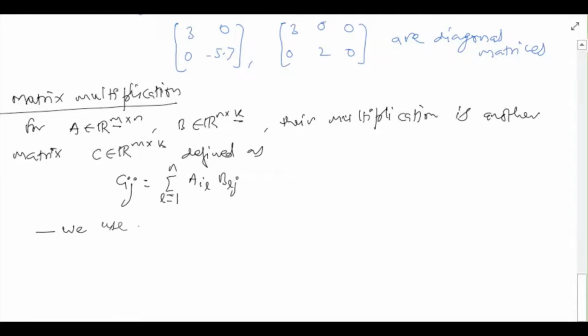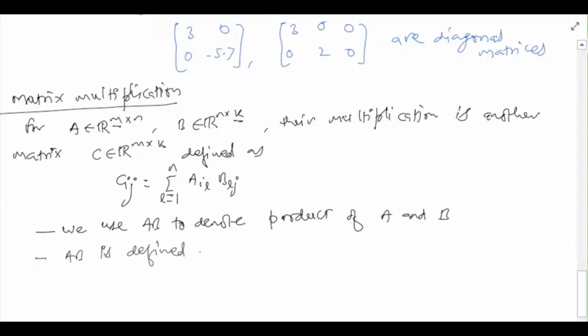We use AB to denote the product of A and B. As I said earlier, AB is defined only if the number of columns of A equals the number of rows of B.